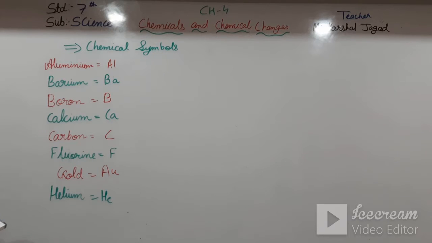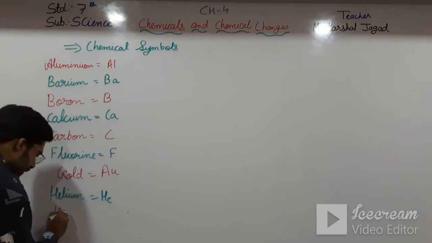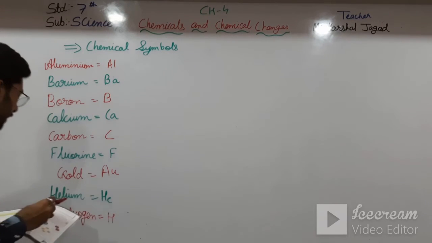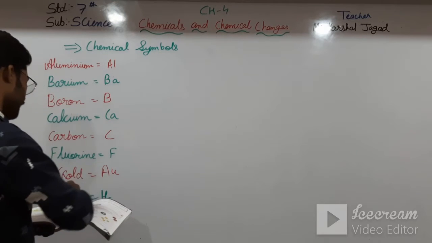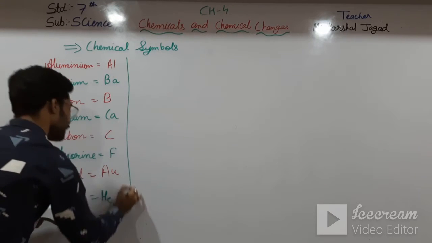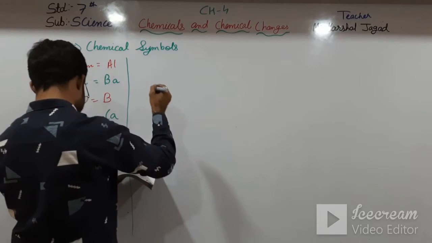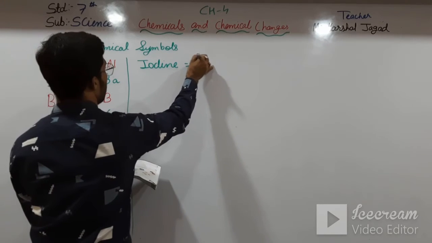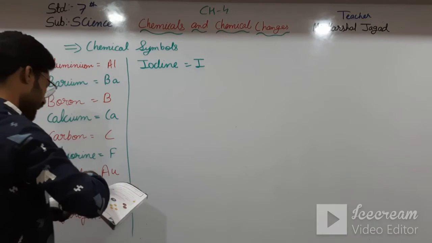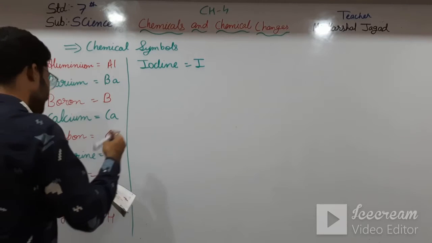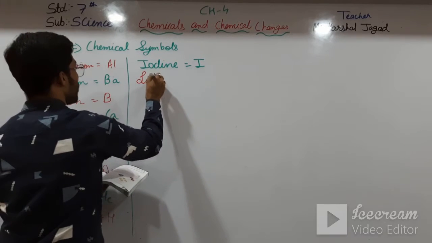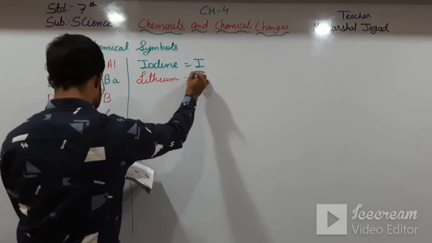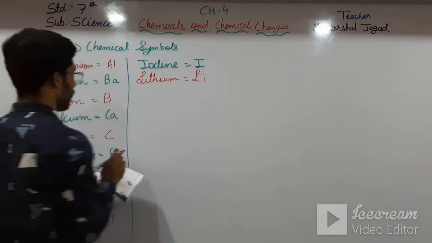Then hydrogen, that is H. After hydrogen, that is iodine, that is I. Then lithium, that is Li, L capital I small.